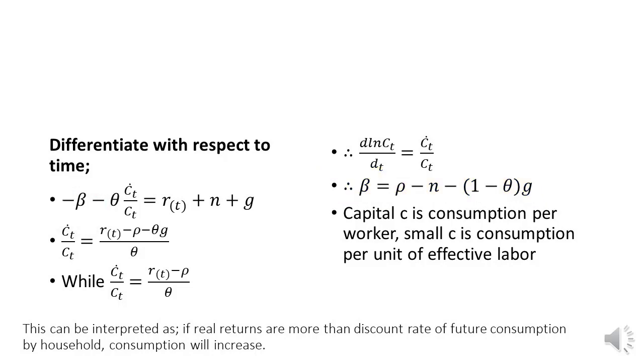So we have assumed it, while C dot by C is (r(t) minus rho) over theta. This can be interpreted as, if the real returns are more than the discount rate of future consumption by household, consumption will increase. Capital C is consumption per worker, small c is the consumption per unit of effective labor.